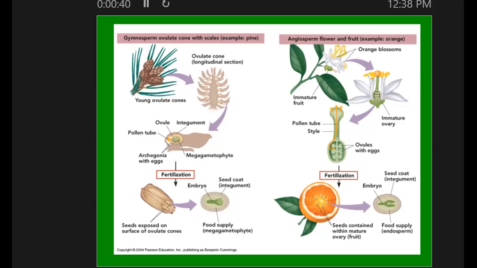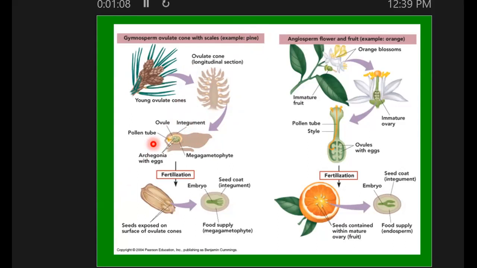So here what you're looking at is a comparison of how gymnosperms do it versus how angiosperms do it. So this is kind of a nice compare and contrast where we've been talking about this idea of you have a female cone and a male cone. You'll get those, the sporangium tissue has the megaspore mother cell in one, and then that one goes through meiosis to produce spore cells, 3 die off.